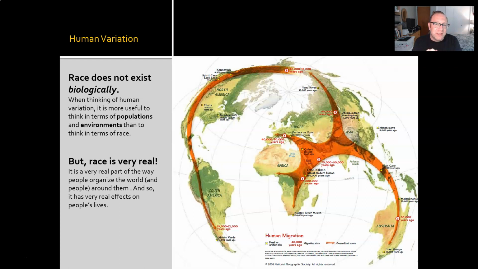Possibly as few as 600 breeding individuals left on the continent of Africa, and somehow we survived. That means that we are much more genetically closely related because we had a genetic bottleneck, the thing we talked about in the last chapter. So genetic diversity decreased considerably in Africa before the spread out. So we are very, very, very similar to one another genetically.